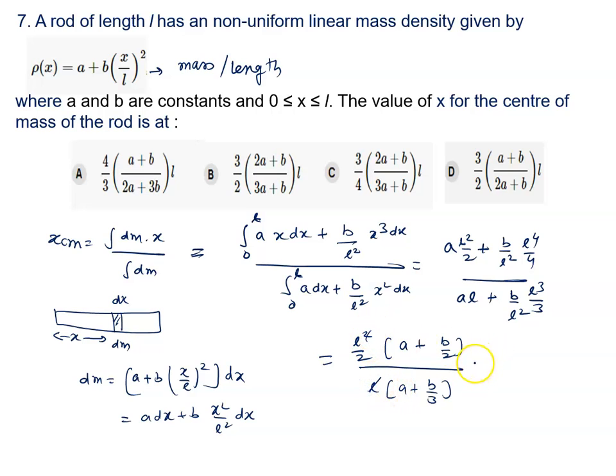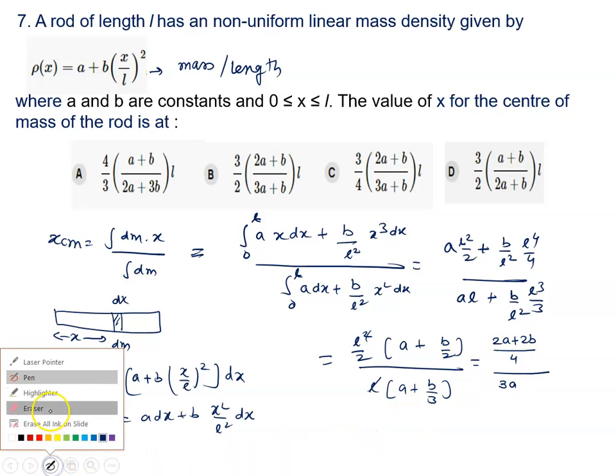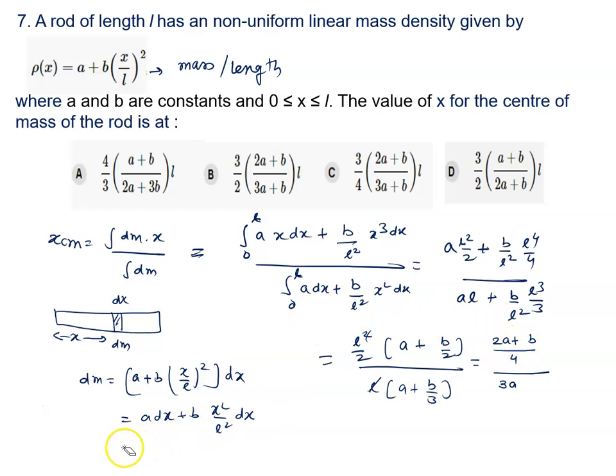We solve it further. What we will get: this is written as 2a plus b, not 2a plus 2b, this is 2a plus b, divided by 4.